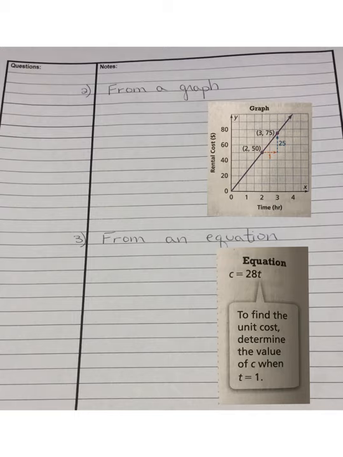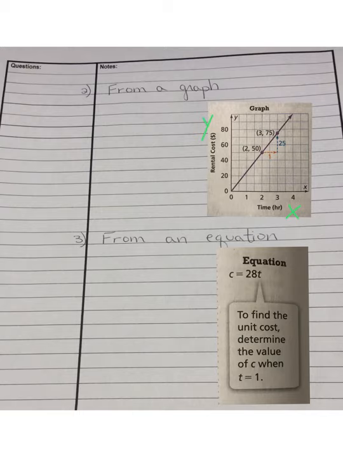Looking at our graph here, there's a couple of things that I want to talk about. Number 1, again, time is on my x. Rental cost is my y value.